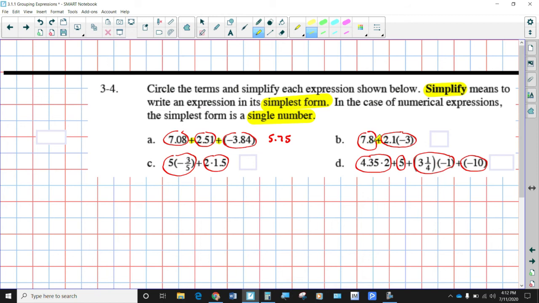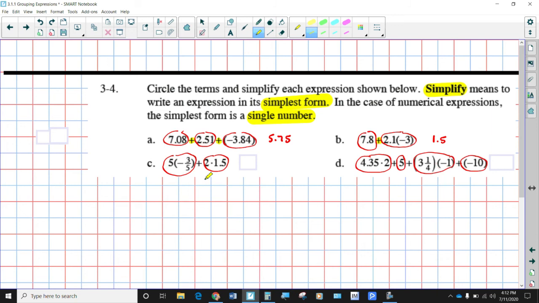The 7.8 is being added to the product of 2.1 and -3. So that's a multiplication problem. That minus sign is attached to the 3, and it's a part of a greater multiplication problem. So this is all considered one term, that entire multiplication problem. When you multiply here and then add together, you get 1.5.